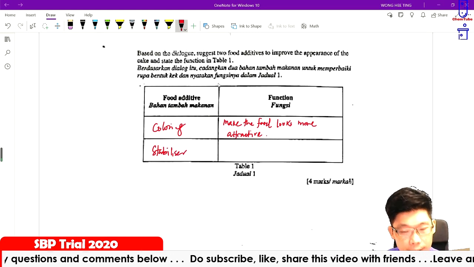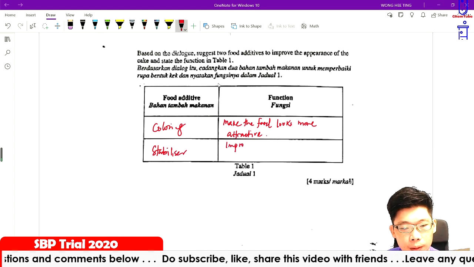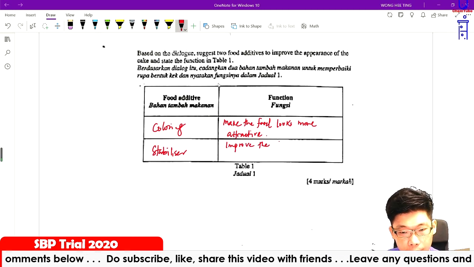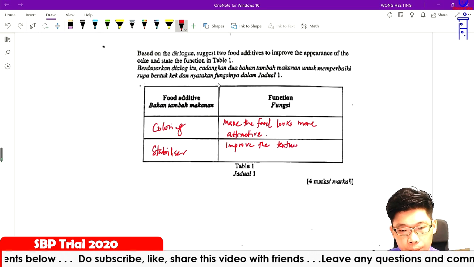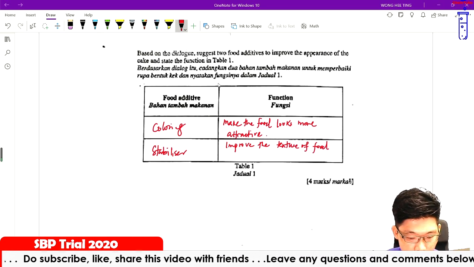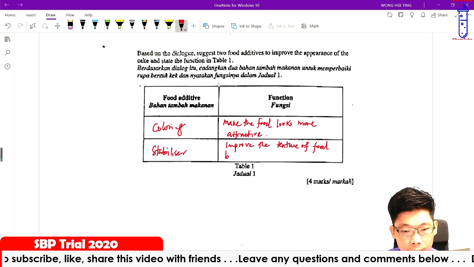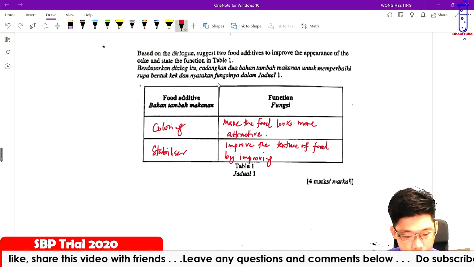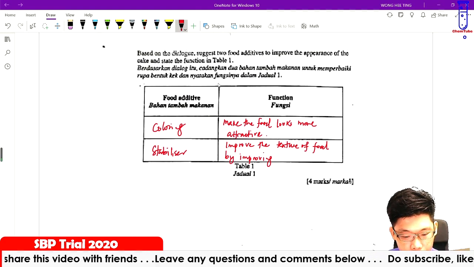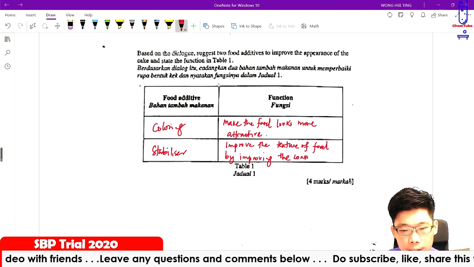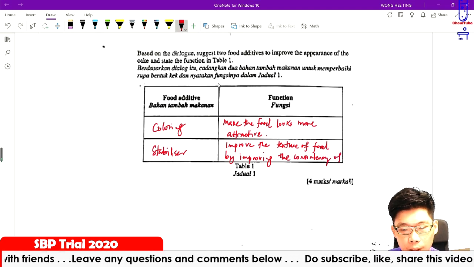So stabilizer is to improve the texture of food by improving the consistency of food.